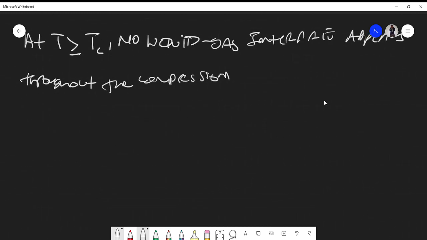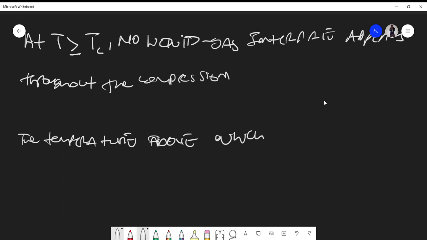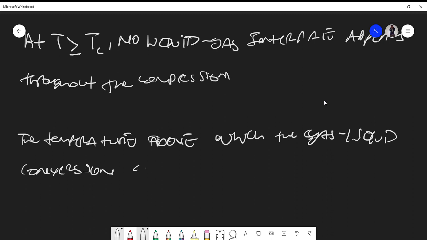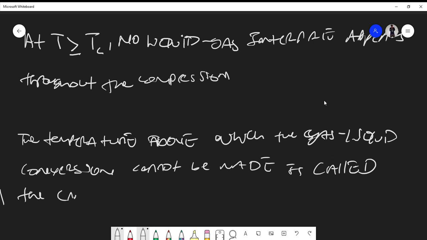Whereas the temperature above which the gas-liquid conversion cannot be made is really why we're talking about these whole graphs, and that is called the critical point.